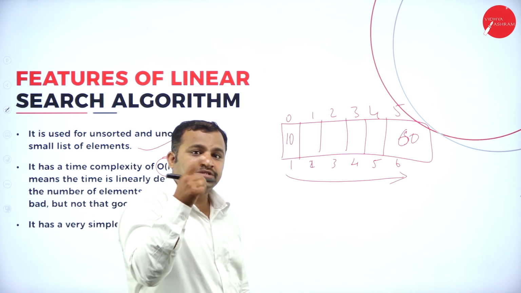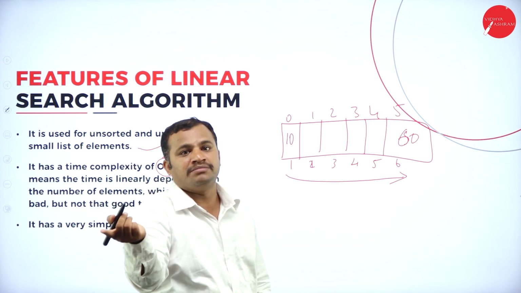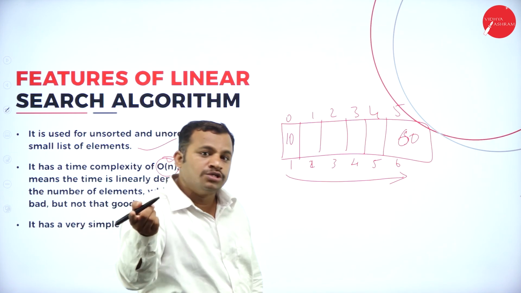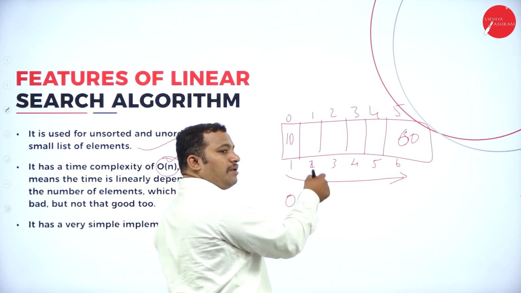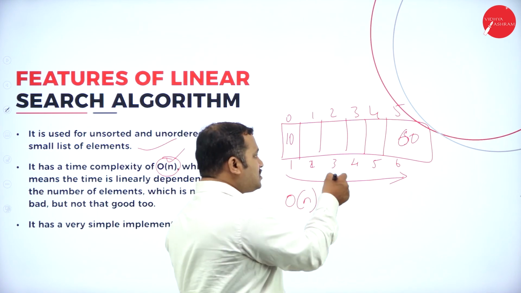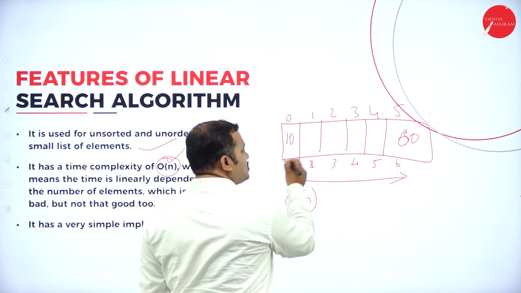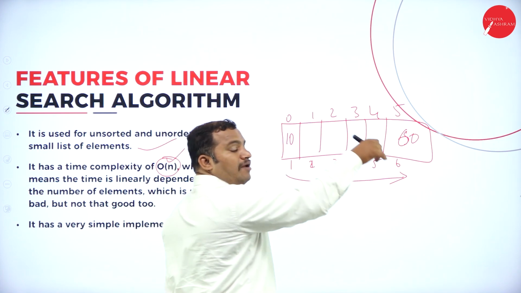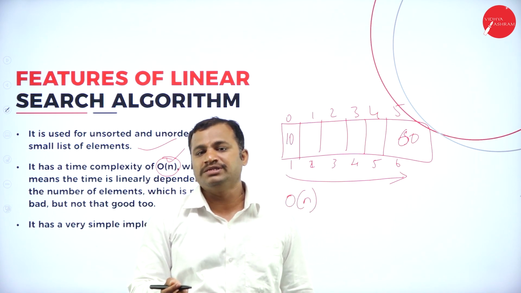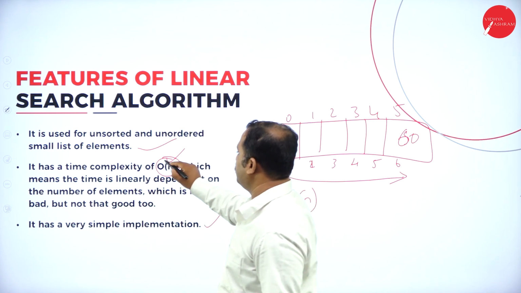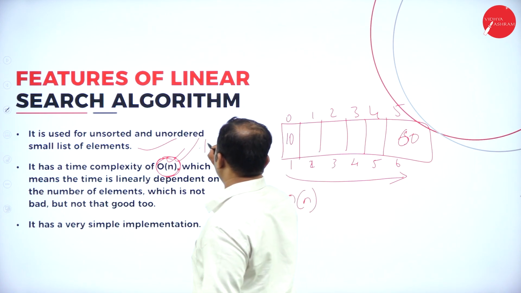How many items are sequentially searched? N items or n minus 1 indexes. So obviously the time complexity is big O of n, because the total number of items present in the list is n, and it searches these indexes sequentially, one by one. So that is why the time complexity of a linear search algorithm is big O of n. That is the time complexity.